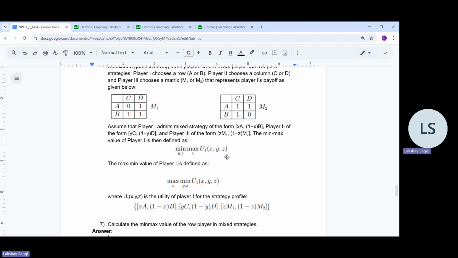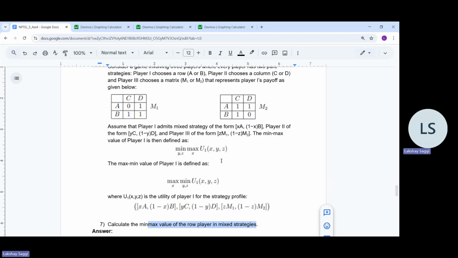So we'll have to start from the basics again. Let's see what the basics are when we are calculating the min-max values. The min-max value is defined as the minimum over y comma z, of the maximum over x, of u1 of x comma y comma z.